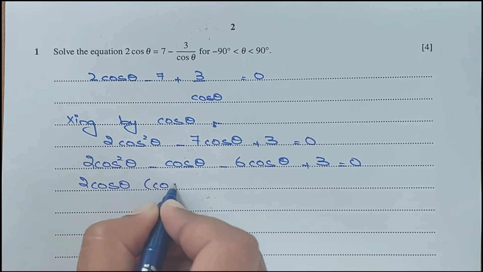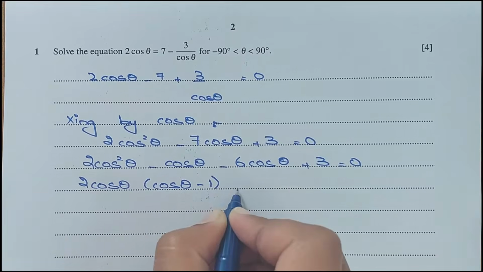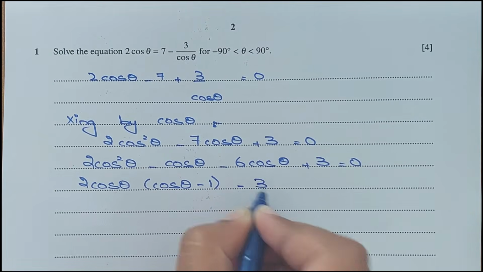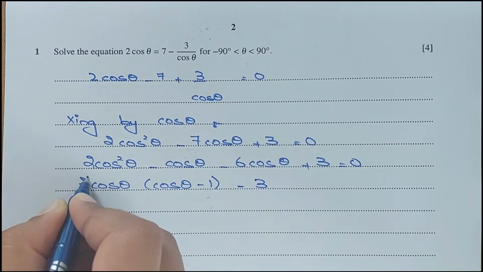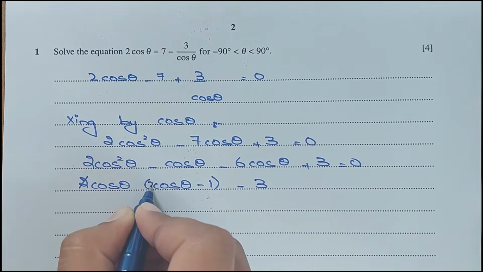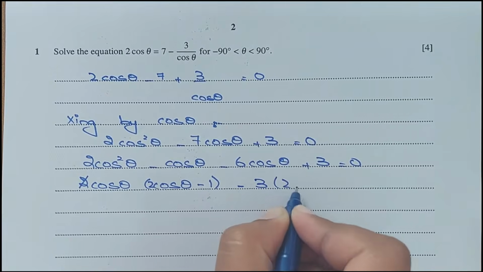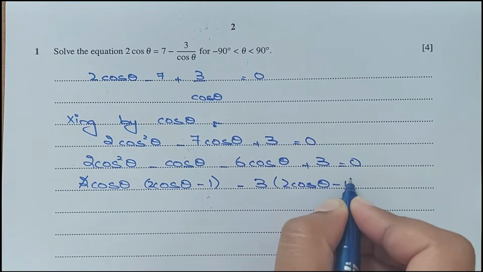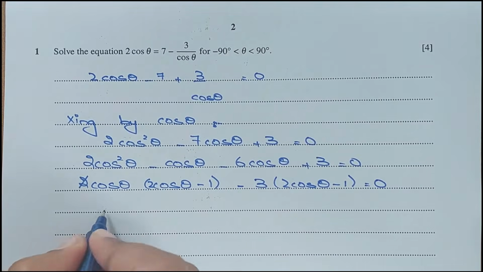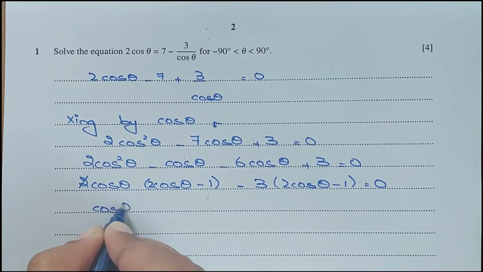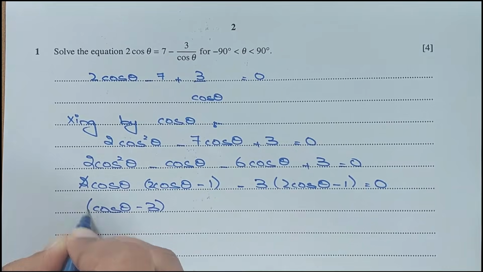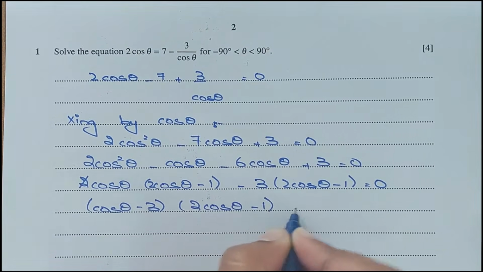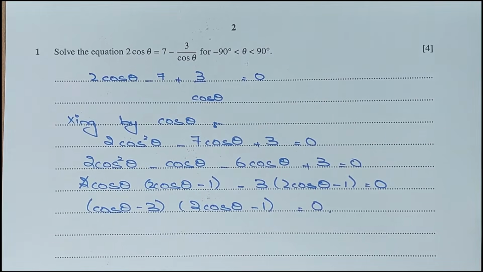We are left with 2 cos theta minus 1, and we have cos theta minus 3 as the other factor. So these are the two factors.